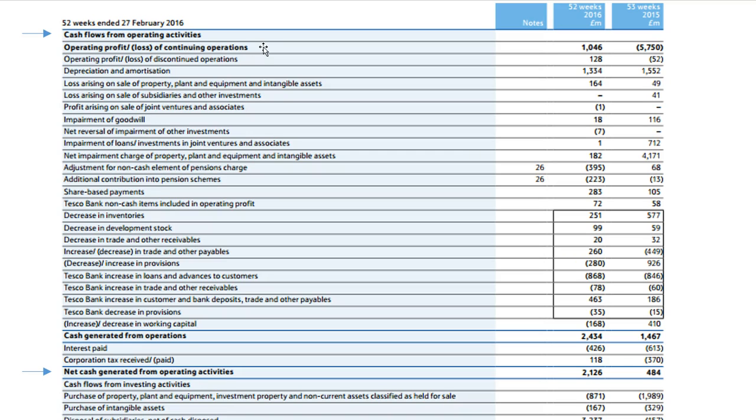Sometimes it's debtors and payments, deductions that are not necessarily cash payments. And one of them is depreciation. That's a deduction from the profit and loss account that isn't actually a cash outflow. It's kind of a reserve, making sure the shareholders don't call it profit. So it's not an actual cash payment, so we have to add that back in because it's a deduction that isn't a cash flow.